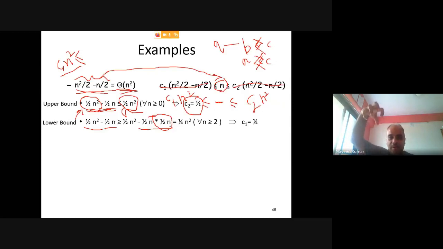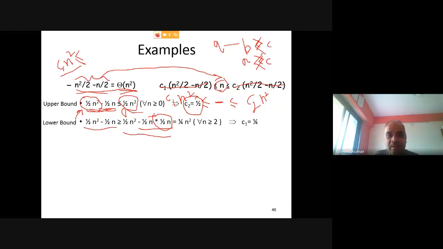Overall the value of this negative part will be greater, and if you look at the complete function, it becomes much lesser, right? You are basically increasing this negative part, so the overall function becomes smaller, right? So basically if you multiply this, it will give 1 by 4 of n square.